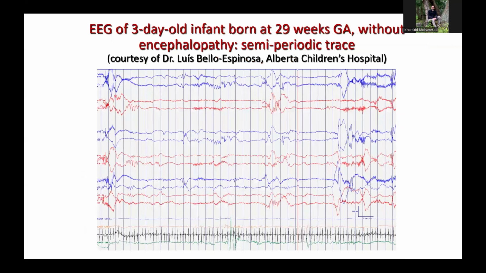Here you have an EEG of a 3-day-old infant born at 29 weeks gestation who does not have encephalopathy. This is a normal pattern for this age, and you see the periodic bursts of high voltage sharp waves and slow waves that alternate with low voltage phases in between.